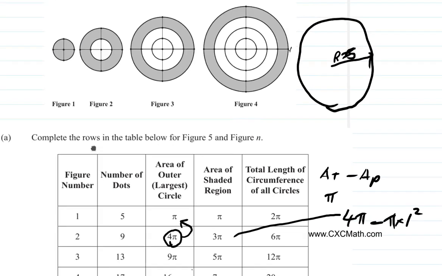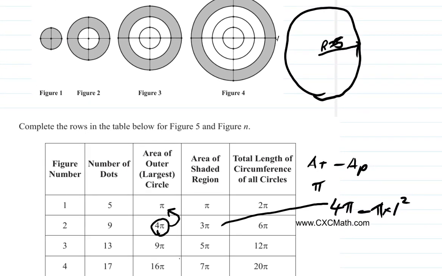Now, as for figure 2, you had pi by 1 squared for the inside. The total is 2. How you get the 4 pi is 2 squared pi. So figure 2 is 2 squared pi minus 1 squared pi. Let's write it that way. For figure 1, it was 1 squared pi.